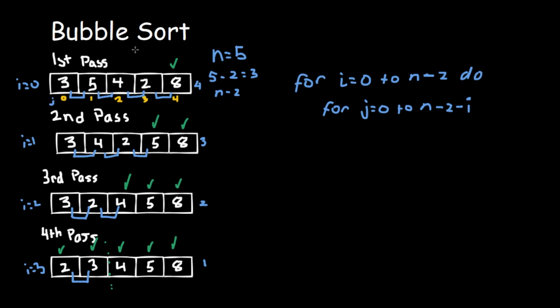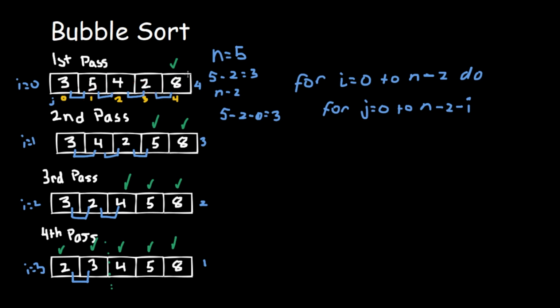Let me highlight in red to make it clearer: the 0th comparison, the first, the second, the third, because we're starting from index 0. So we can describe this using n minus 2 minus i. So 5 minus 2 minus i, in this case i is 0, is equal to 3. Again highlighting in red: 0, 1, 2, 3 comparisons.